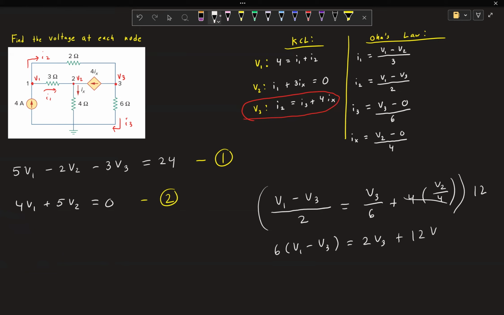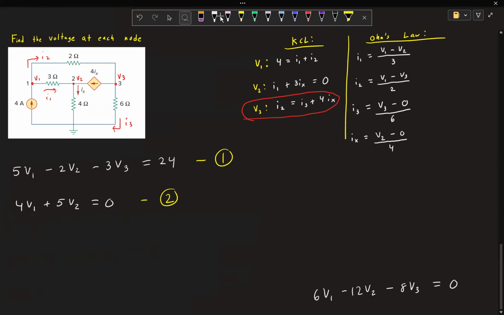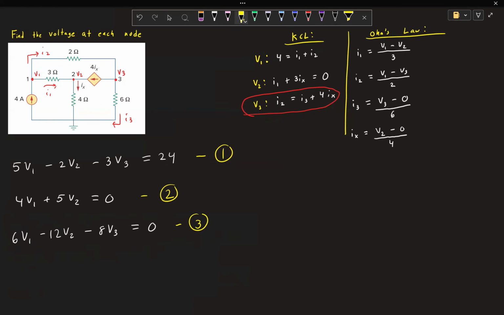We're left with 12V2. Simplify further. 6V1 minus 6V3 equals 2V3 plus 12V2. And then you can combine like terms again, and you get this equation as the final one.